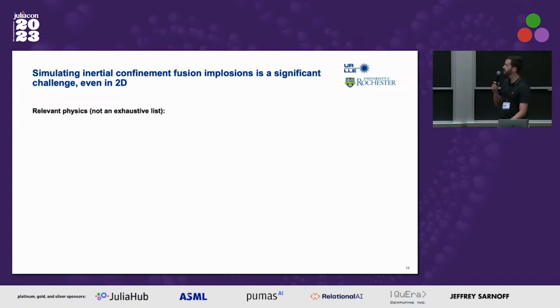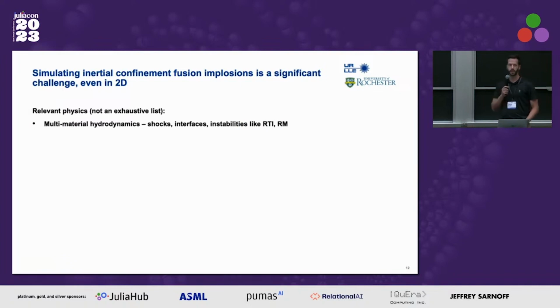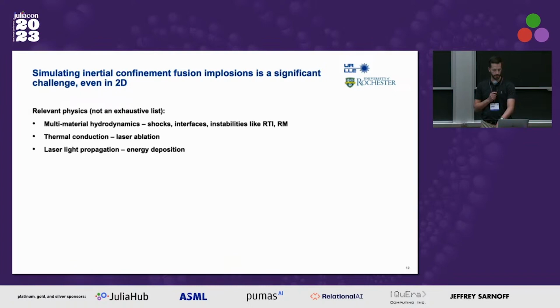Some of the relevant physics include multi-material hydrodynamics, so we can capture shock waves, material interfaces, instabilities like Rayleigh-Taylor and Richtmyer-Meshkov. Thermal conduction for laser ablation. Laser light propagation, how we deposit the energy. Ionization and radiation, so the coronal and core emission.